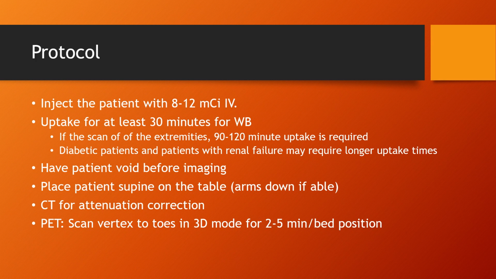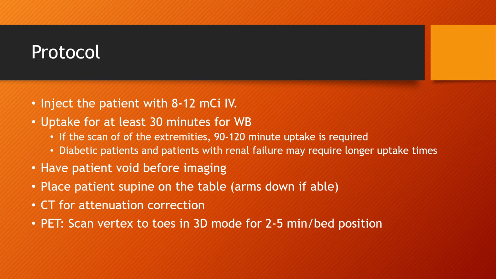Then place the patient supine on the table, arms down if they're able to. If they're not able to, and it's not that important for what you're imaging, then they can be above the head. The CT scan is done for attenuation correction purposes, followed by the PET scan. The PET scan is vertex to toes, so you do the very top of their head all the way through their toes.